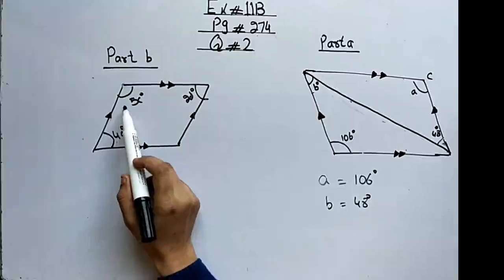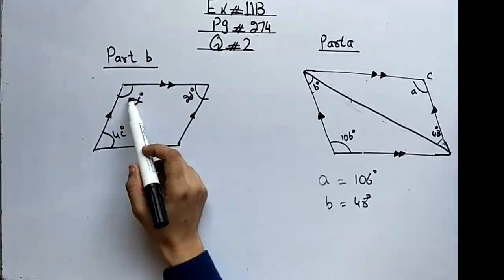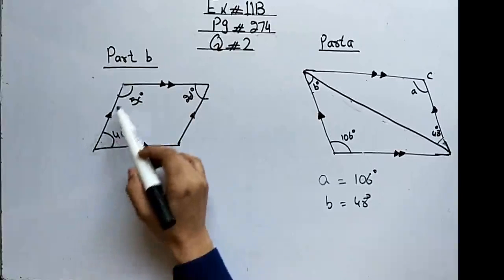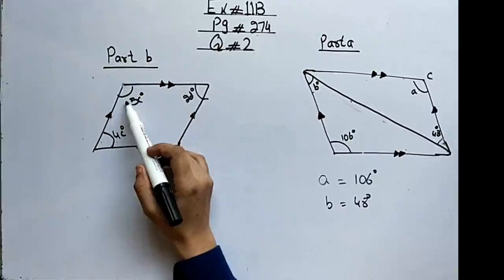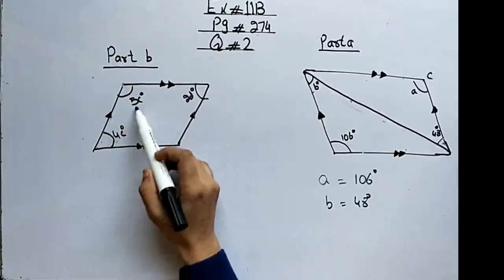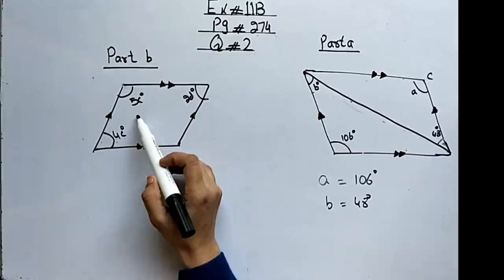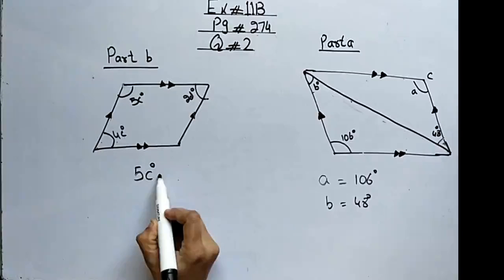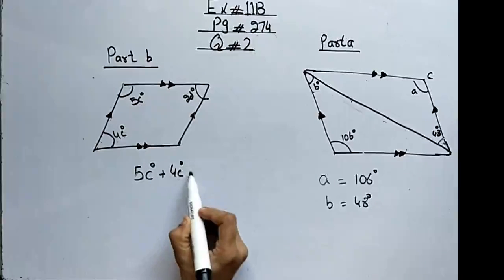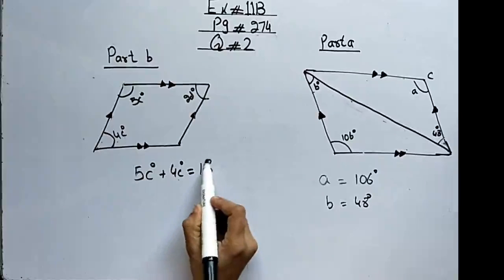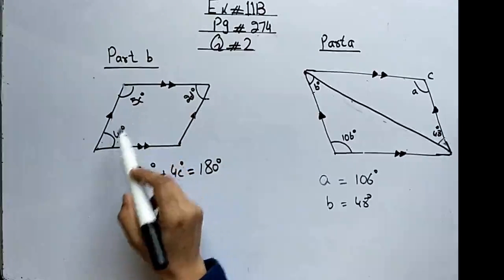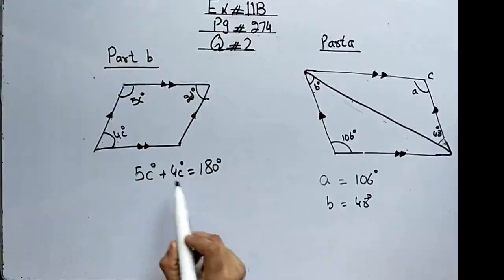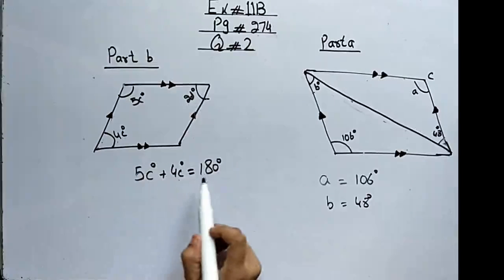Keep in mind, beta, in the parallelogram, the sum of two angles on one line, the sum of these two angles is equal to 180. 5C degrees plus 4C degrees is equal to 180. The sum of two angles on a straight line must be equal to 180.